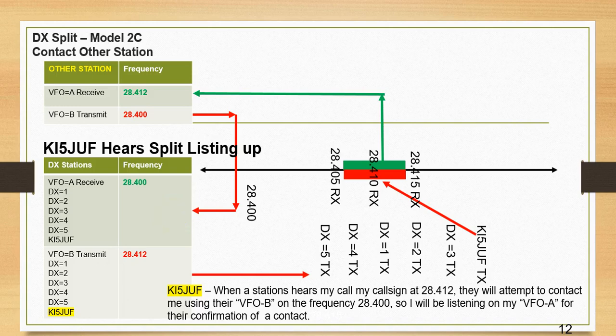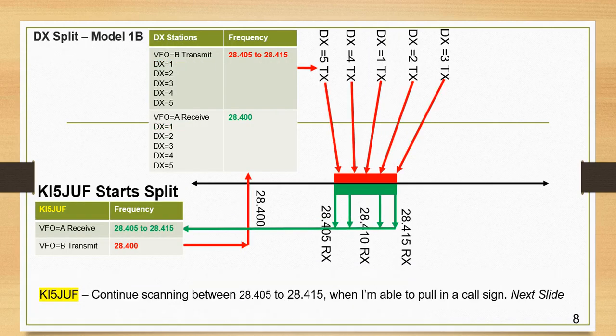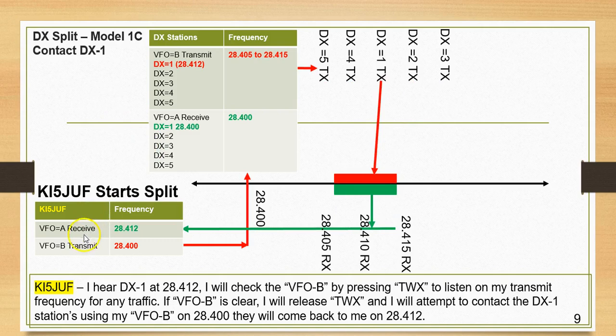What you're saying here is, if you start to split, then here's what happens. The rule is if you instigate the split, your VFO-A will be moving. That's the big VFO. You're going to be moving because you're scanning a different range of frequencies.